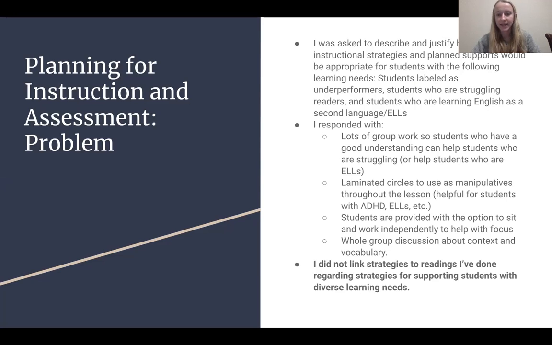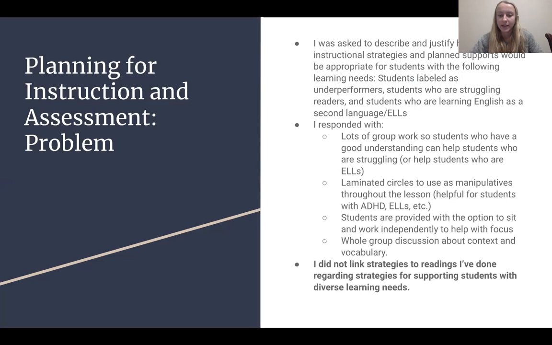The second thing I said was that I would provide laminated circles to use as manipulatives throughout the lesson. This might be helpful for students with ADHD and also students who are learning English as a second language, because they may benefit from having a physical manipulative to use rather than just verbal directions and verbal strategies to use.